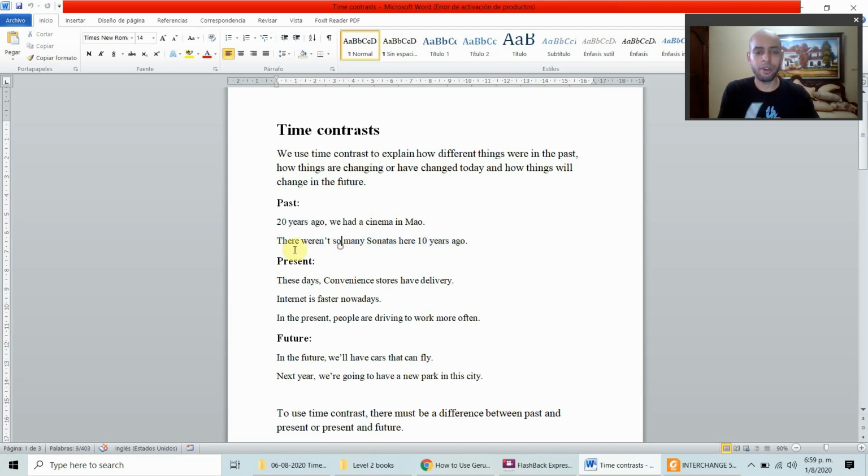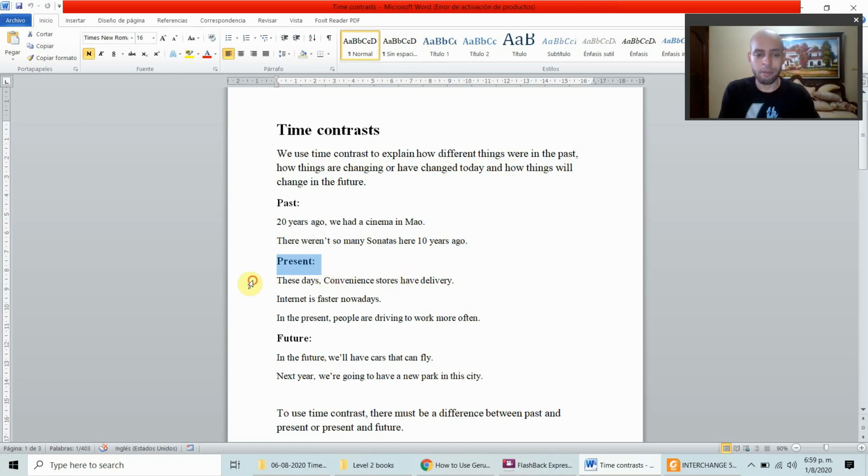Another example, there weren't so many sonatas here 10 years ago. So, again, the comparison between today and 10 years ago. 10 years ago, there weren't so many sonatas here, but now we have a lot of sonatas here in the Dominican Republic.